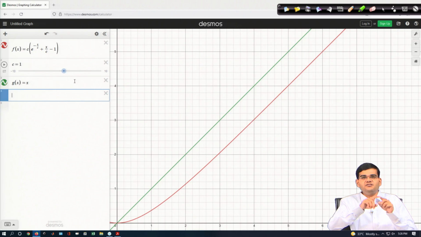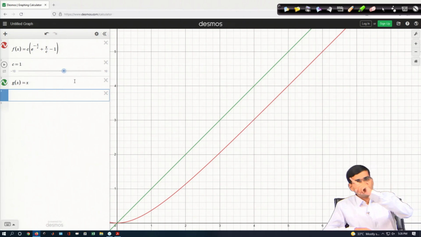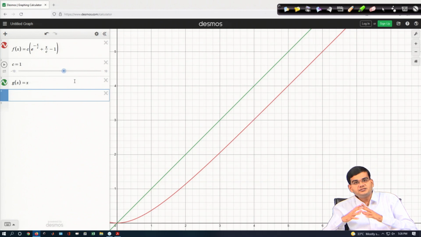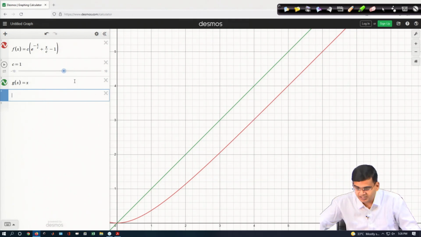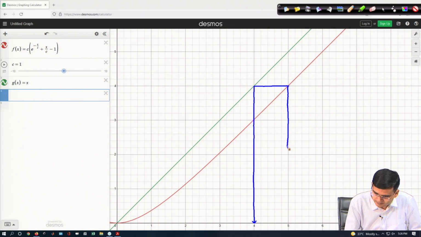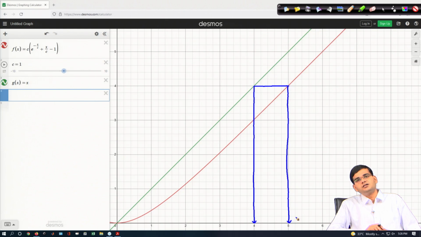So, you have the forcing function moving as a straight line, constant gradient, and then the response following it with some lag. You can see that there is a definite lag here. With that lag, your response follows the forcing function.